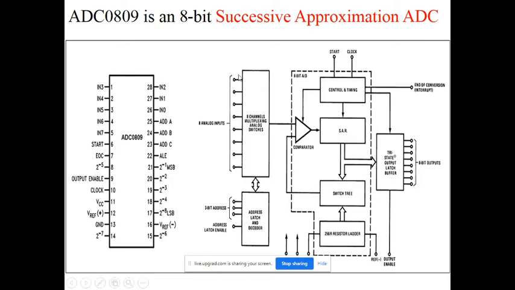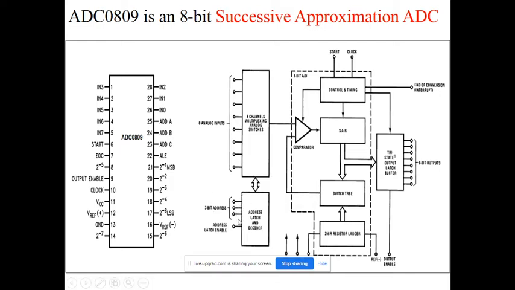That's why you need to choose 1 out of 8, and that's why there are 3 select lines, A, B and C. With the help of A, B, C, you choose one of the analog inputs, and that sensor is connected to the ADC for conversion.